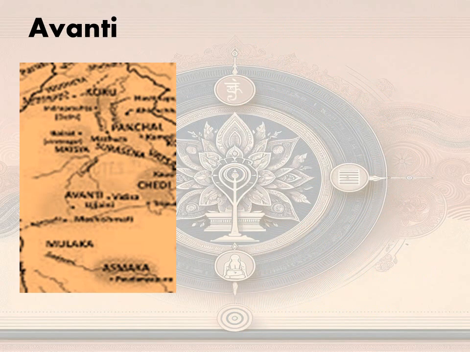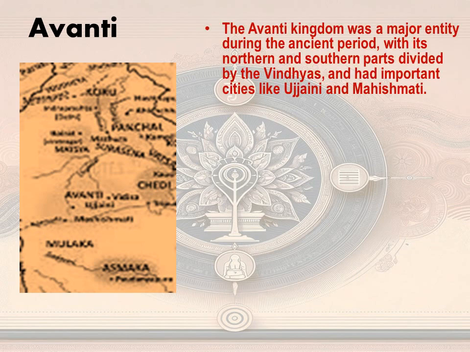Avanti. Avanti is very significant for its presence in the central part of India, right to the west of Chedi. The Avanti kingdom was a major entity during the ancient period, with its northern and southern parts divided by the Vindhyas, and had important cities like Ujjaini and Mahishmati.